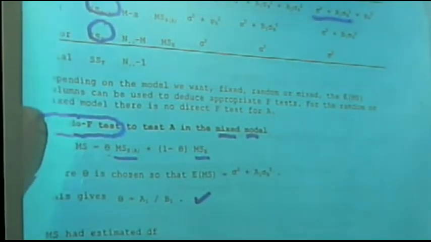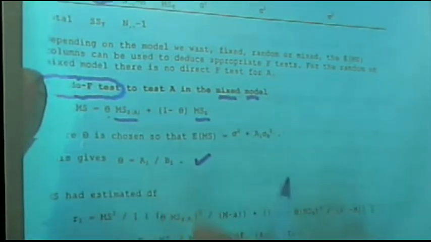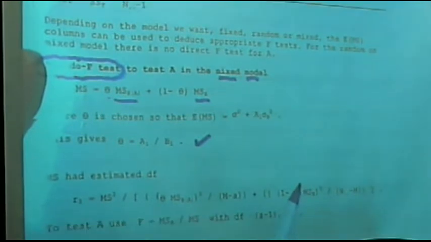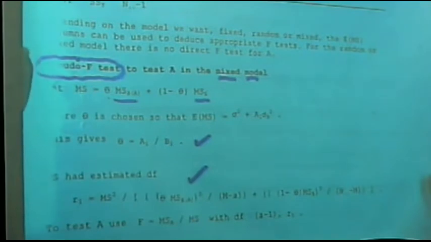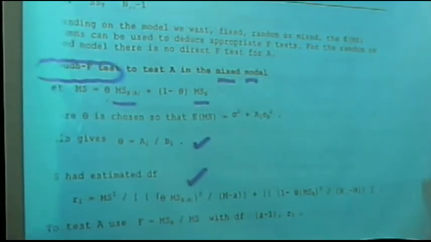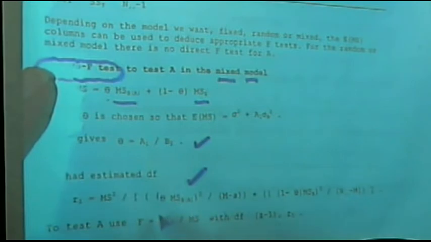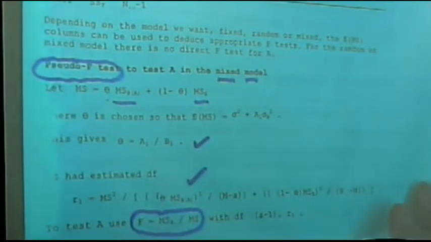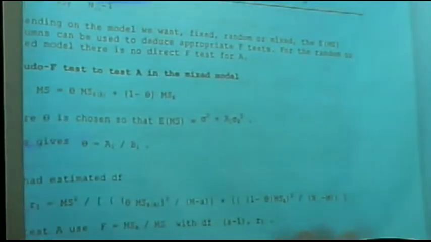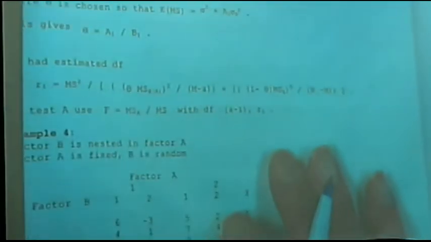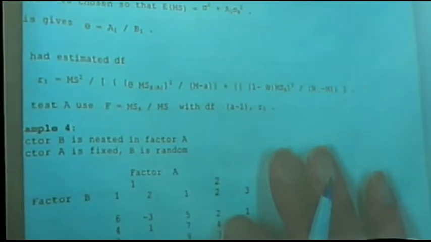And then this mean square with that theta in it has some estimated degrees of freedom by the Satterthwaite formula again. This is the estimated degrees of freedom formula. So we have to plug in some numbers to work that all out. And so now we finally have an F-test, a pseudo F-test for testing A.